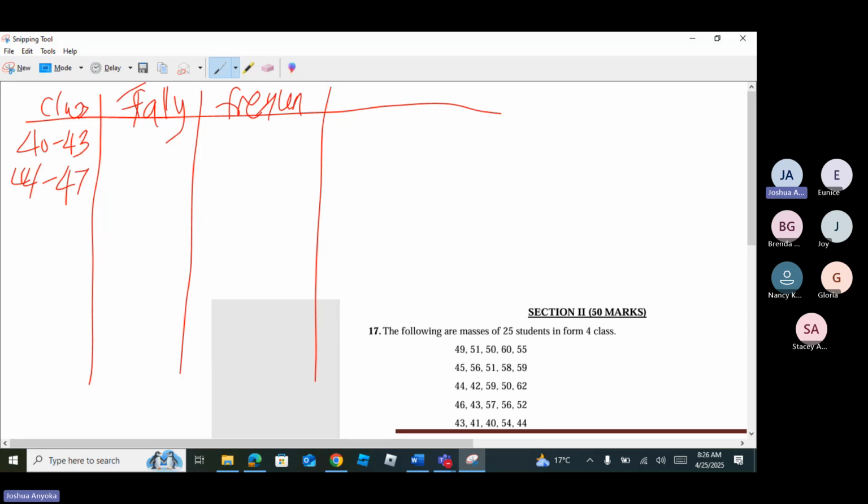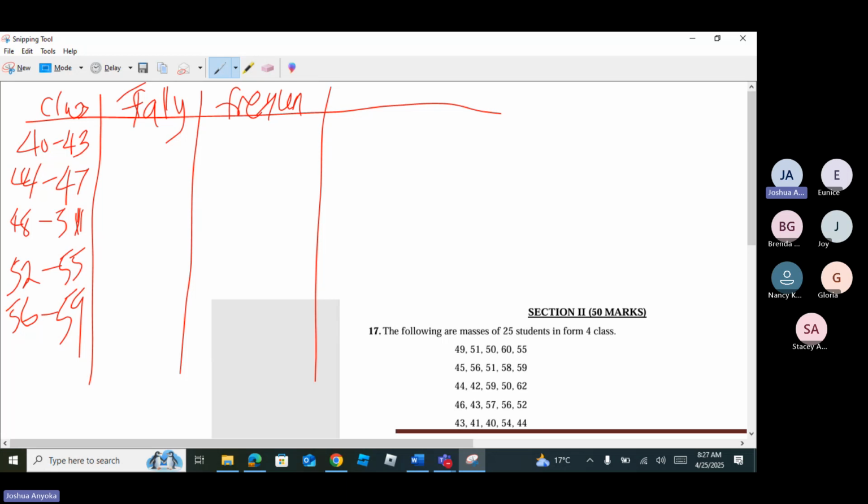The next class would be 48 to 51. 48 plus 3, 51. Another class would be 52 to 55. Next class is 56 to 59. I don't think we have a number exceeding 59.